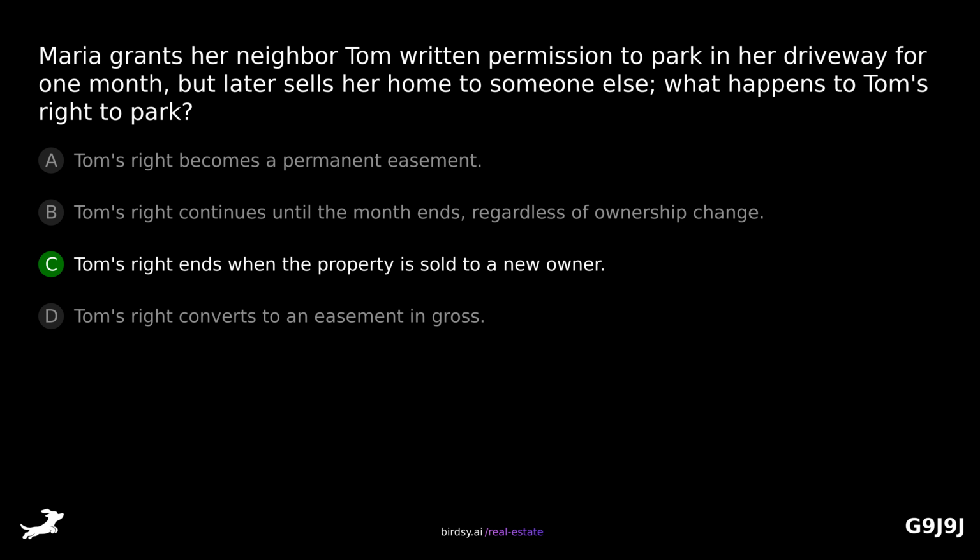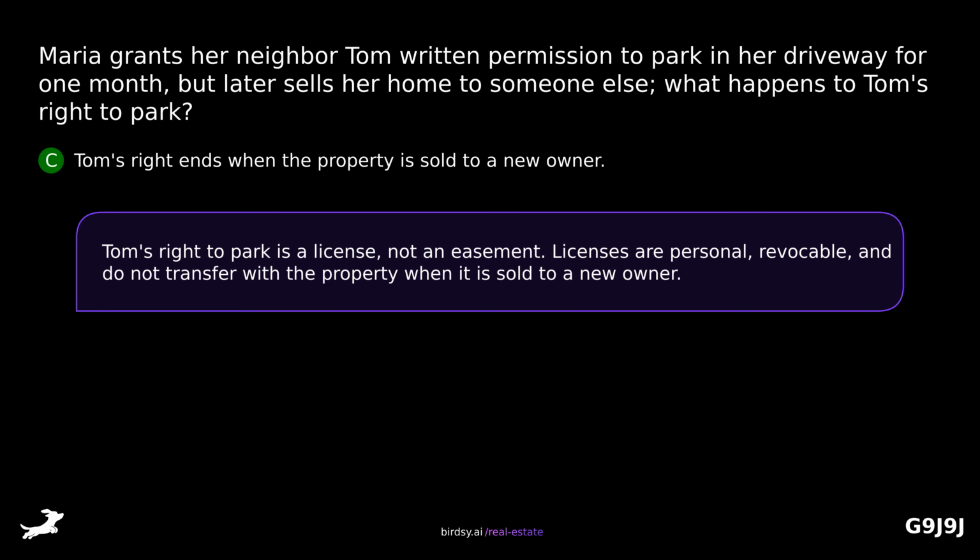The correct answer is C, Tom's right ends when the property is sold to a new owner. Tom's right to park is a license, not an easement. Licenses are personal, revocable, and do not transfer with the property when it is sold to a new owner.